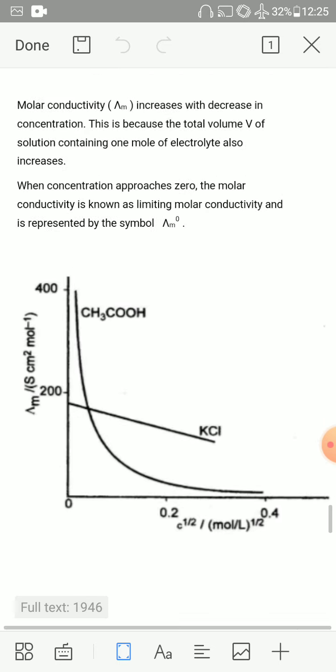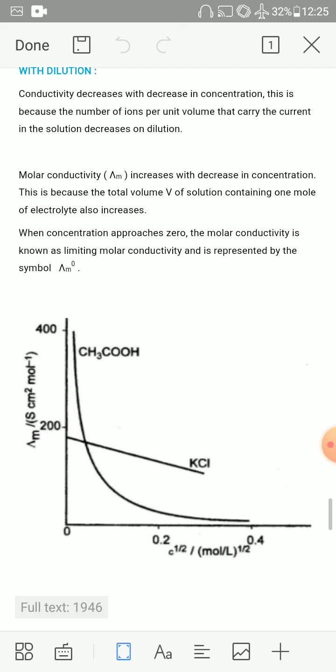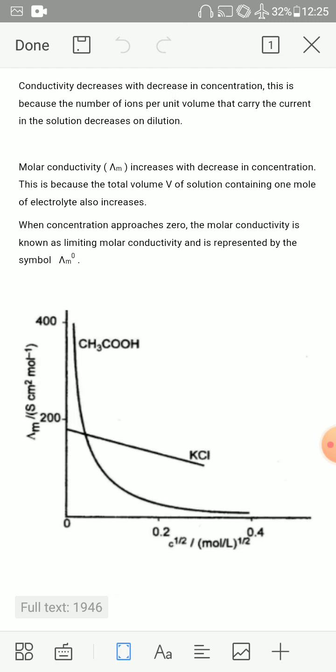In this figure, you can see how lambda m, that is molar conductivity, varies with the molar concentration of the solution. Here molar concentration is represented with C. The graph is between lambda m versus root C, or C to the power half.